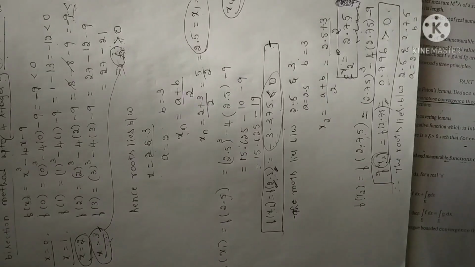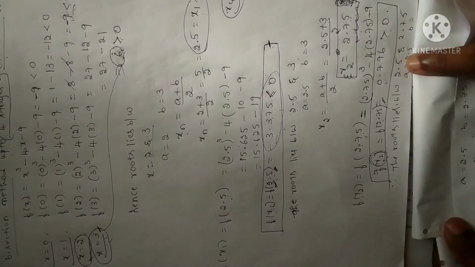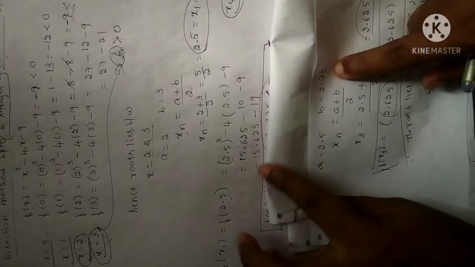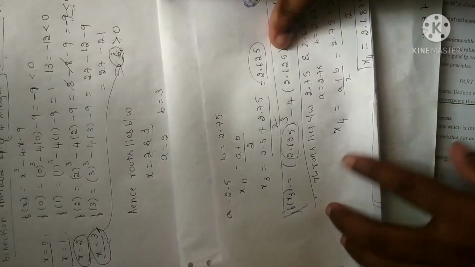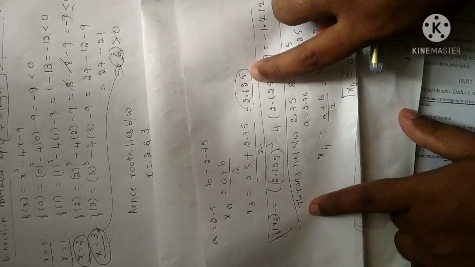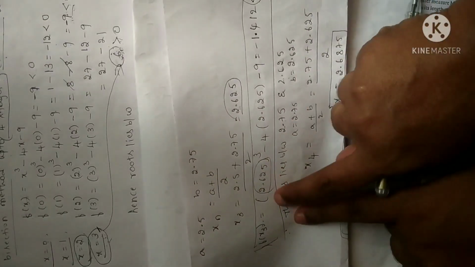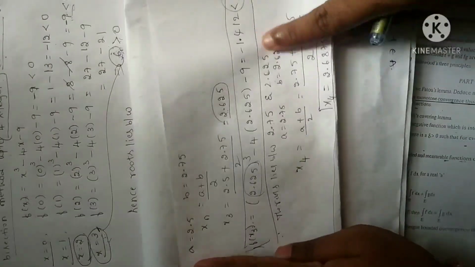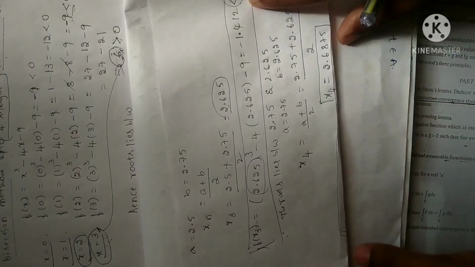That is what we have done, and the next step is also the same thing. So see here, I have taken this value as a and the second value as b, and I have applied the same formula and we get x3 as 2.625. After substituting, f of x3 is negative. So we have to search for the positive value.